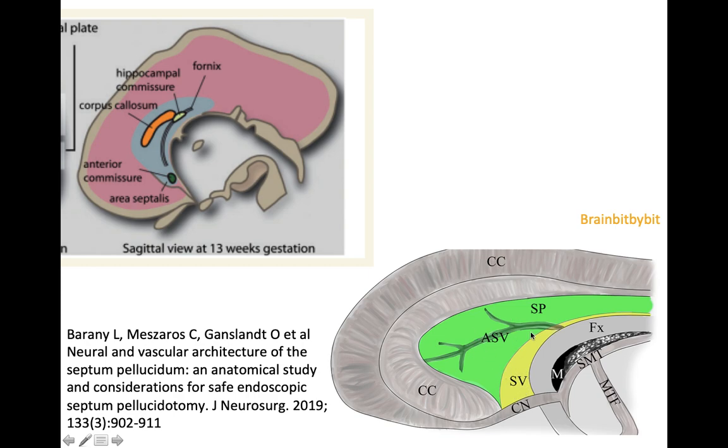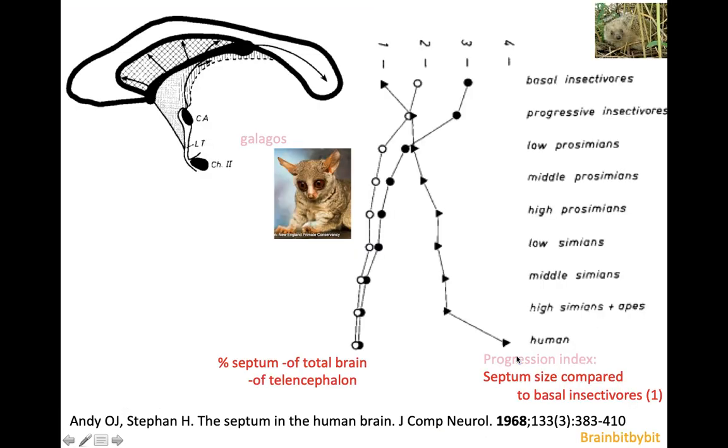And then you have this stretched cell sparse part of the septum pellucidum with some sparse neuroglial progenitors. So these neuroglial progenitors, they can give rise to the central neurocytoma.